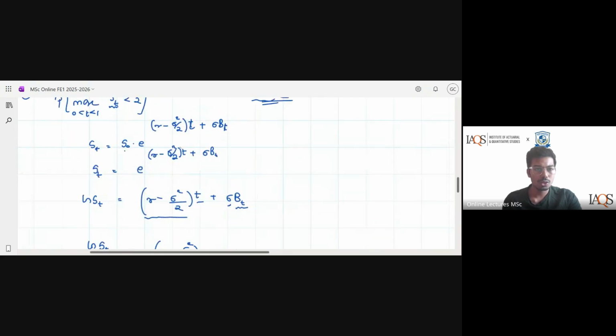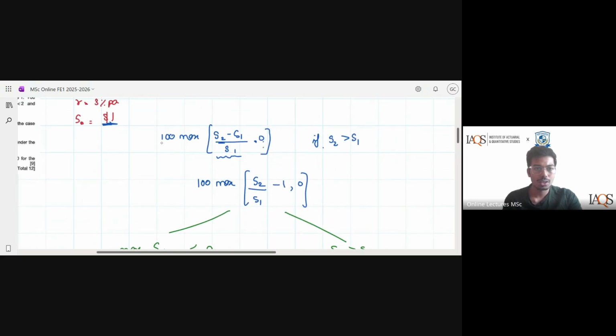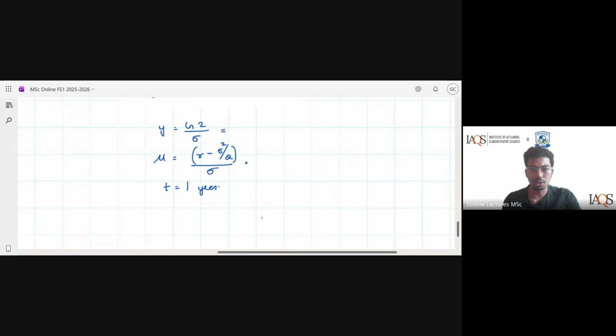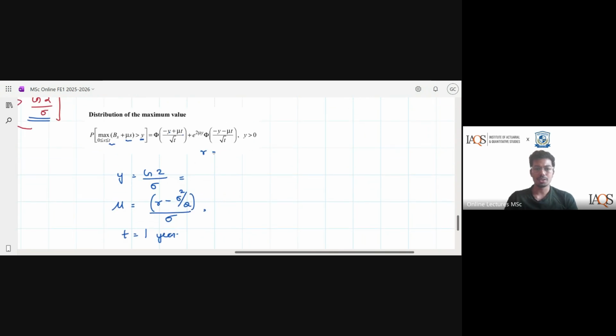Can you tell me, with the values, you know R is 3%, sigma is 25%, the value of y and mu?